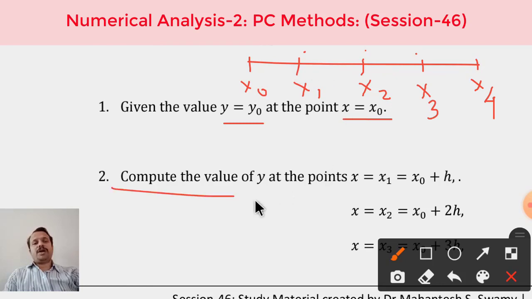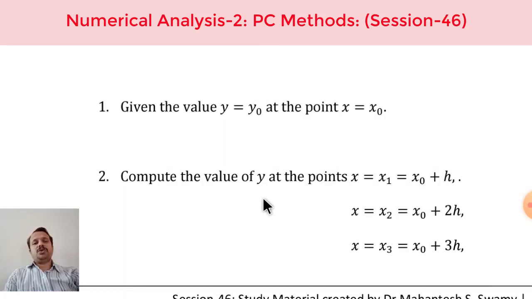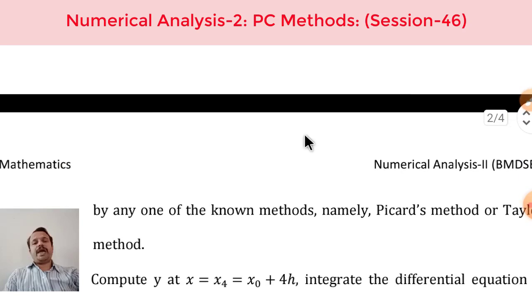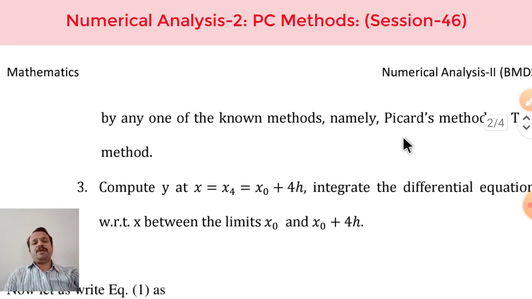So compute the value of y at the next points, that is x1, x2, x3, by using any one of the known methods, namely Picard's method, and Taylor's method can also be used. Once we calculate the values of y1, y2, y3, y0 is already in our hand because of the initial condition. So there will be totally four starting values.